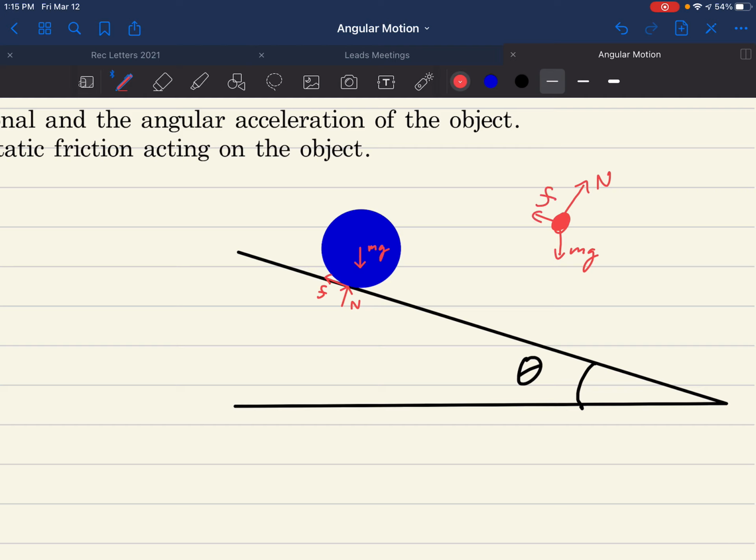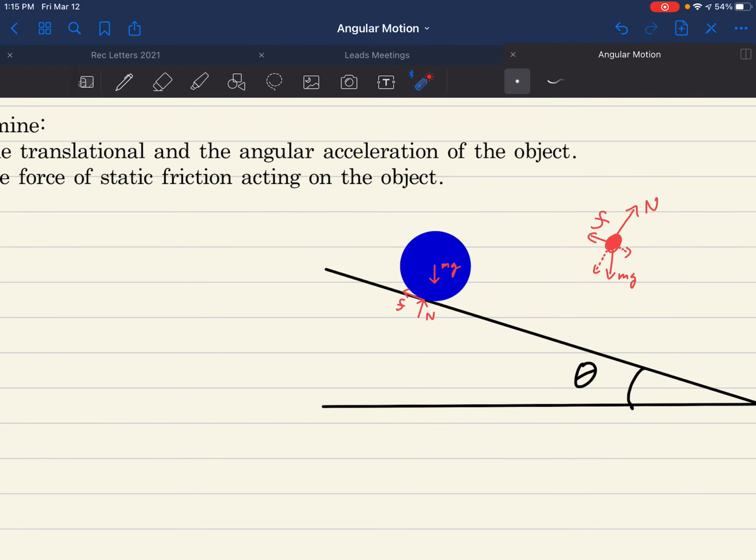Then if we go back to what we learned about inclined planes, we would break mg into two components. This component of mg would cancel with normal force. And this component of mg is what's pulling it down the incline. That would be a little bit greater than the frictional force, assuming it's going down the incline. So this is what our forces look like.